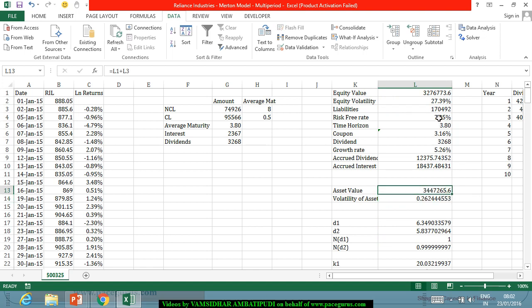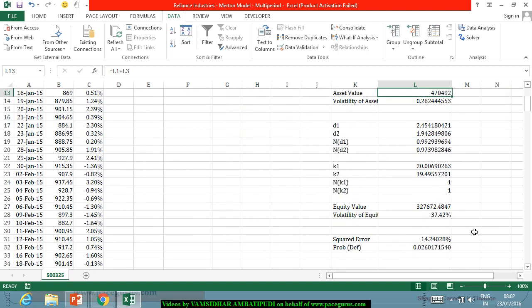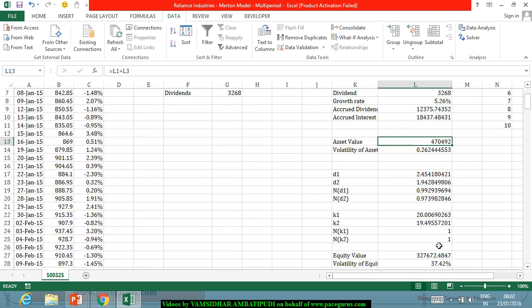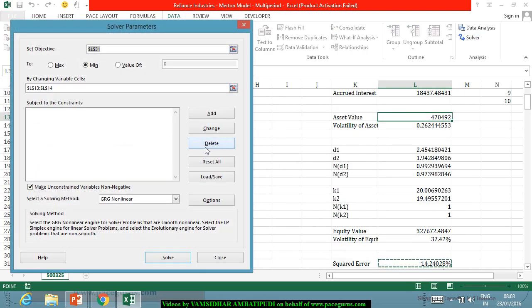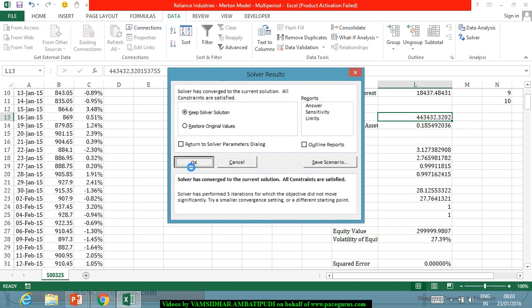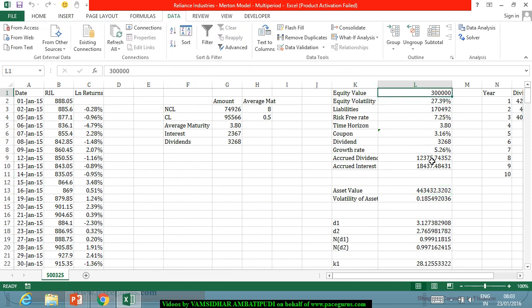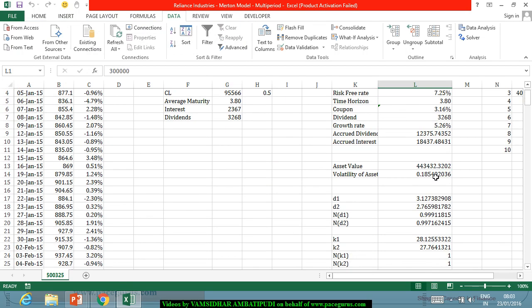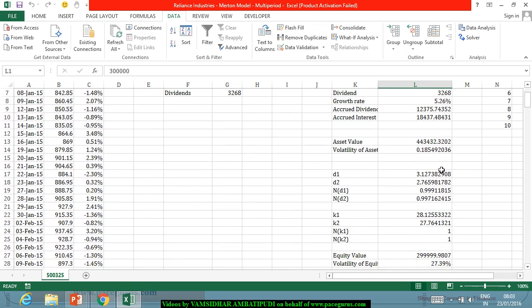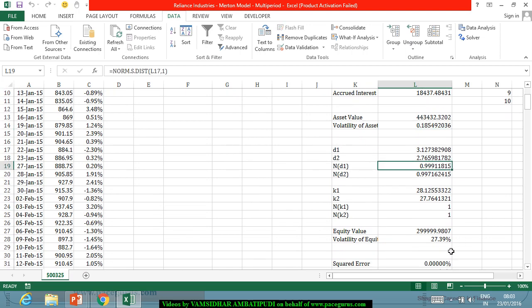So if the equity value is going much lesser, let's say this is the equity value, then the asset value is going to this, and we are seeing that there is a probability of default. Now this time when I solve it to minimize, it is showing that if the equity value is only 300,000, then there is a chance of default.